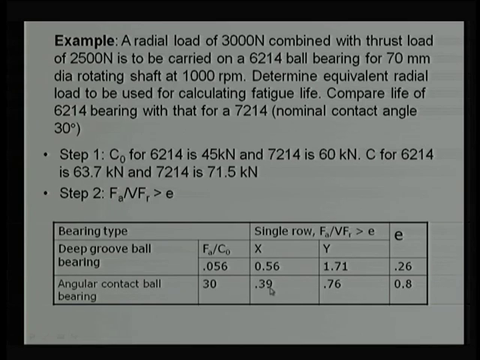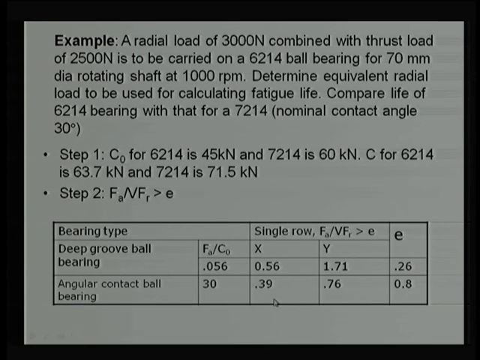We know Fr is the same for both bearings, the applied load remains the same, but the X parameter in this case is lesser. Naturally, we get a lesser first component of the equivalent load for this bearing. The second component, 0.76, is again lesser than 50% of the corresponding value. Naturally, the equivalent load required will be lesser for the angular contact bearing.